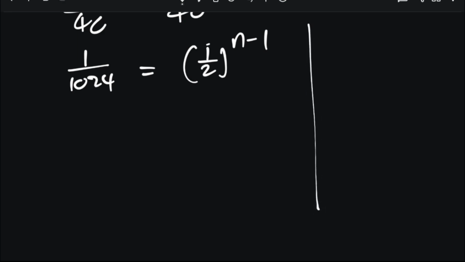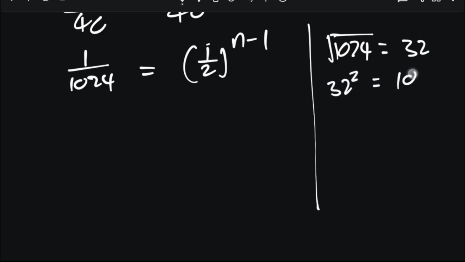The square root of 1024 is equal to 32, so you know that 32 squared is equal to 1024. Now try to write 32 in terms of 2, and that will be 2 to the power 5, which is equal to 32.